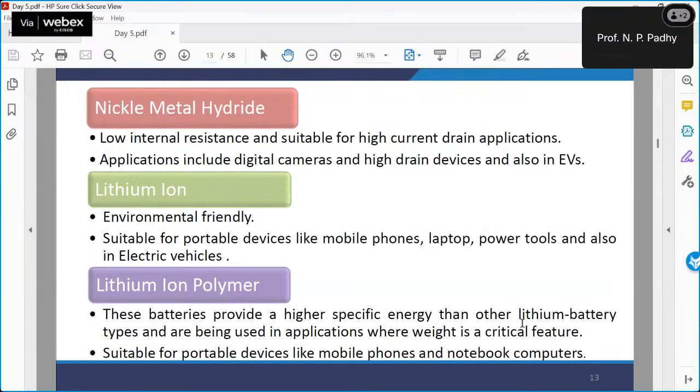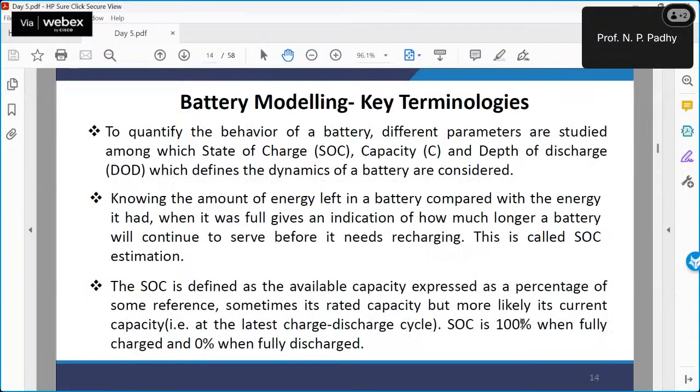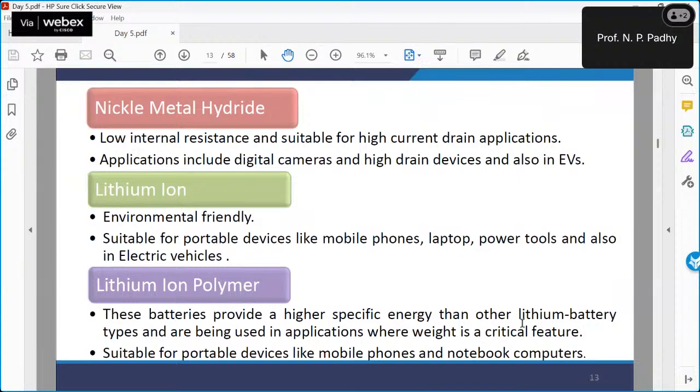And then we'll slowly move to nickel metal hydride, which has low internal resistance and is suitable for high current drain applications.